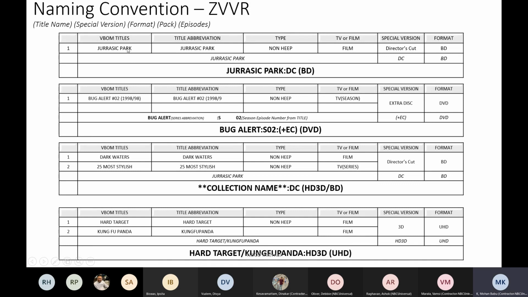But if the single title that we are choosing is a season or series, we won't take the season abbreviation directly. If you see the title, we have chosen Bug Alert 2, but we won't take the Bug Alert 2 abbreviation. We'll take the series abbreviation. Like with Avengers, we have so many seasons: Avengers Endgame, Avengers Infinity War, and so on. Each season has its own abbreviation, but we won't take that.